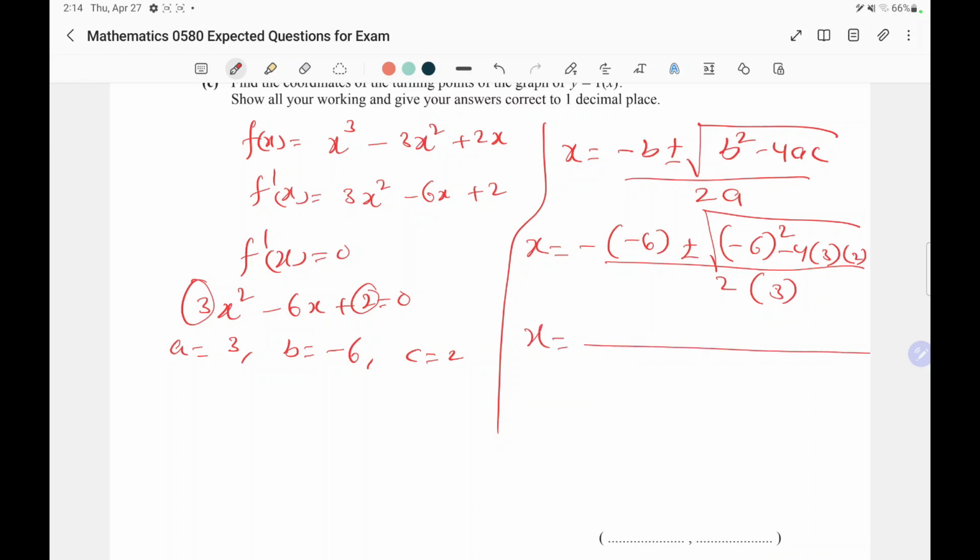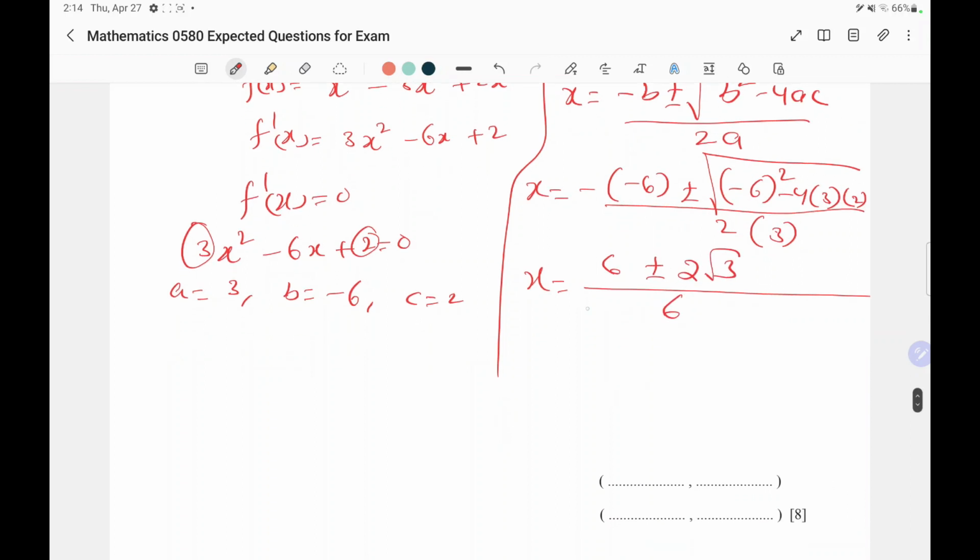So x equals 6 plus minus root of 36 minus 24, that's 2 root 3, over 6. So it will be 3 plus minus root 3 over 3, because you can take 2 common, and 2 over 6 is 1 over 3.